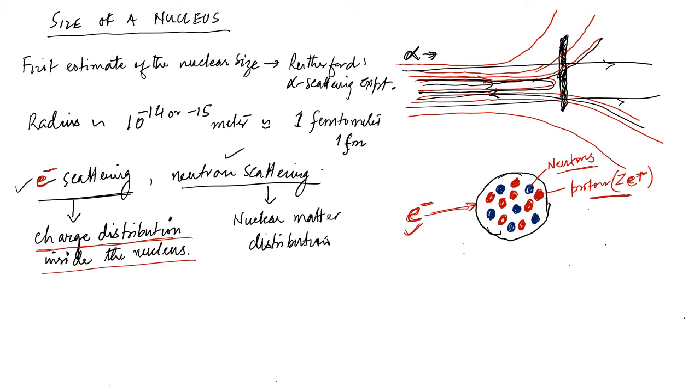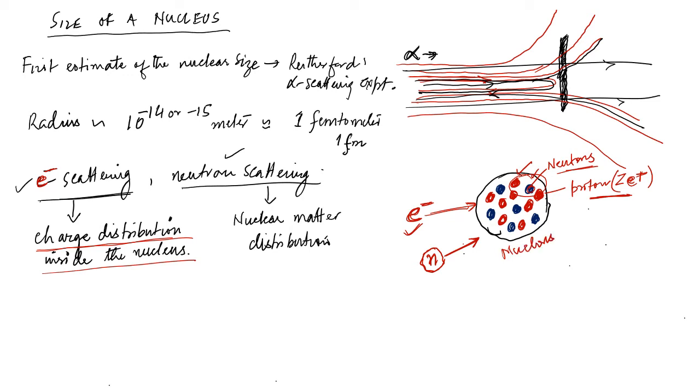But if we do neutron scattering, if we project neutrons on this particular target, because the neutron is a neutral particle, it will interact with both the nucleons, protons plus neutrons.